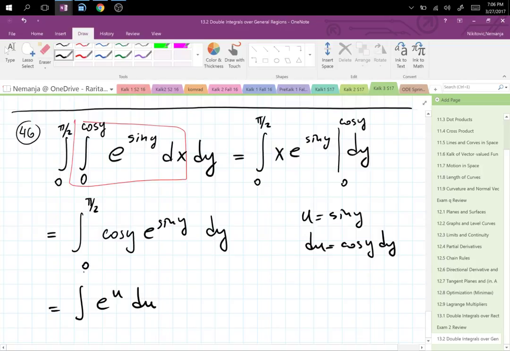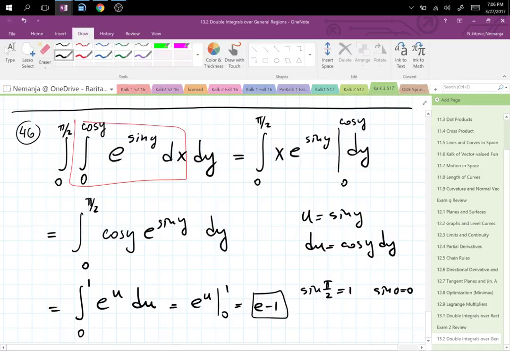Now we have to swap the limits as well, so the bottom one stays 0 and the top one becomes 1 because sine of pi over 2 is 1. So we transformed everything and we get e to the u from 0 to 1, which is e minus 1 as the answer, which is what many of you had.